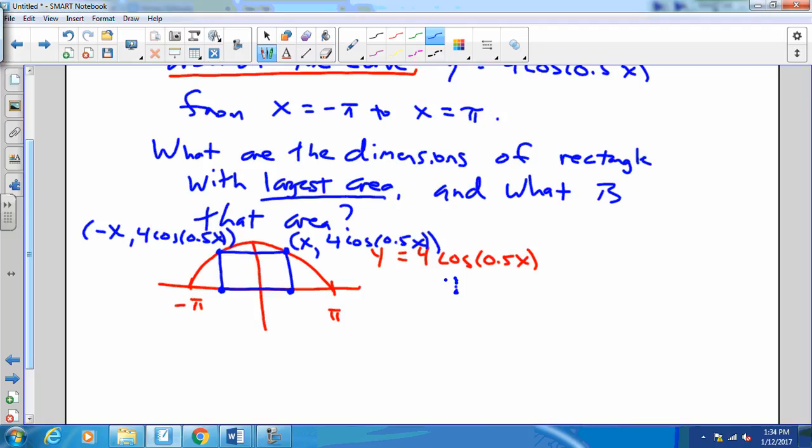I am looking for a rectangle with largest area, and so I need an area function. And since I'm looking at a rectangle, my shape is exactly, very good. This length is x, this length is y here, like so. And so the area is going to be length times width.